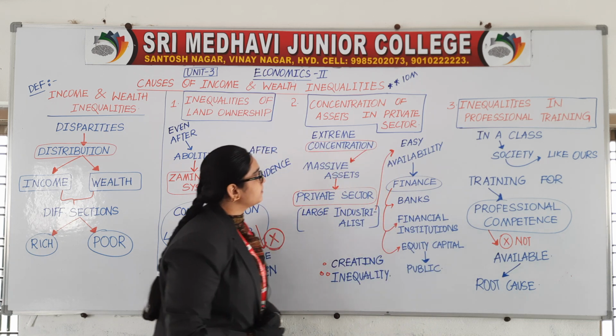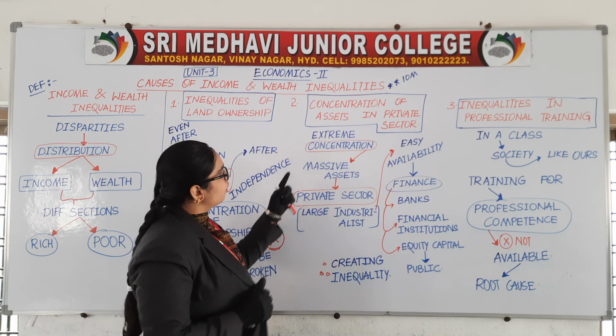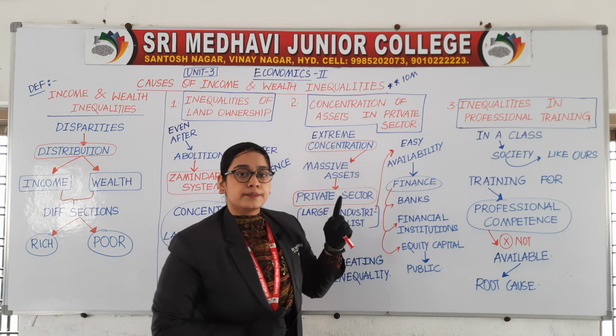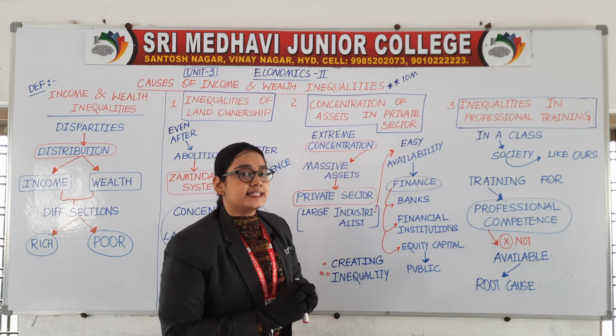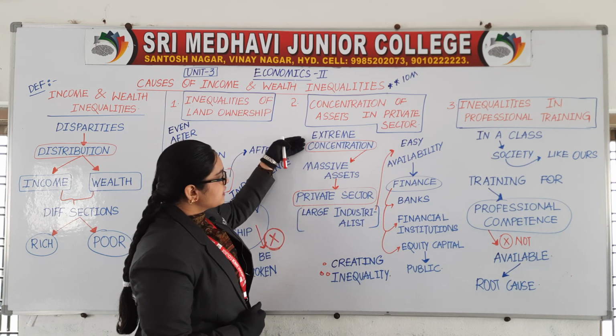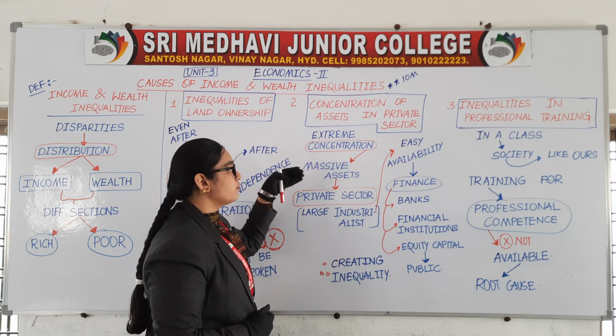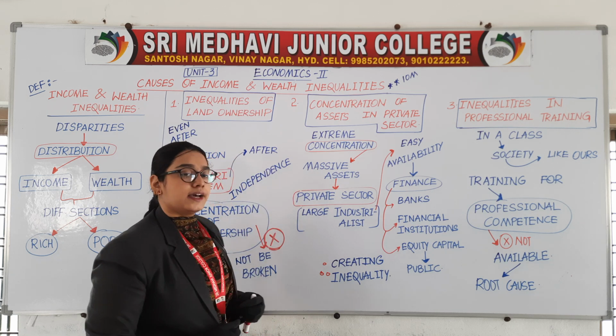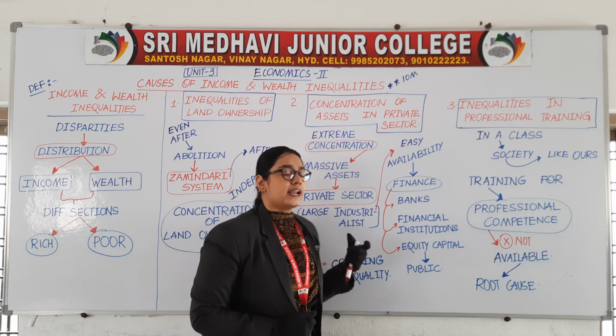Coming to the second one, concentration of assets in the private sector. Let us see. Extreme concentration of massive assets in the private sector. What is this private sector actually?